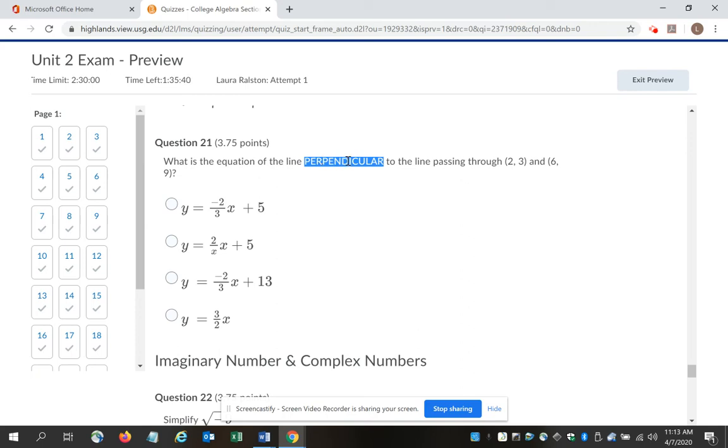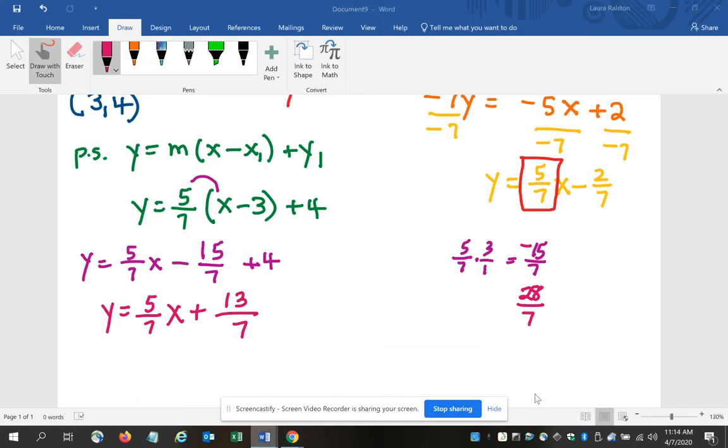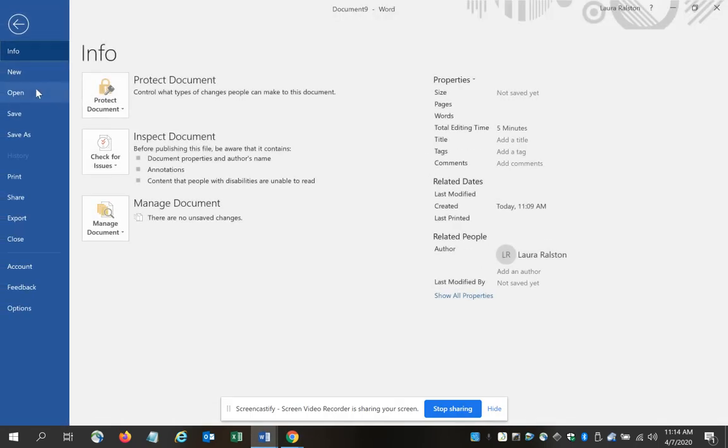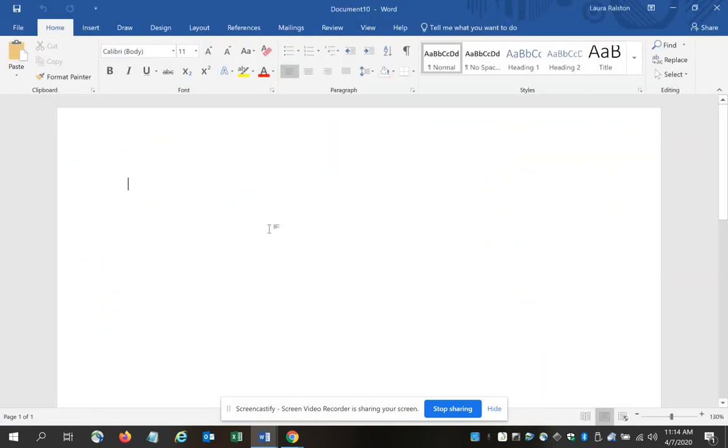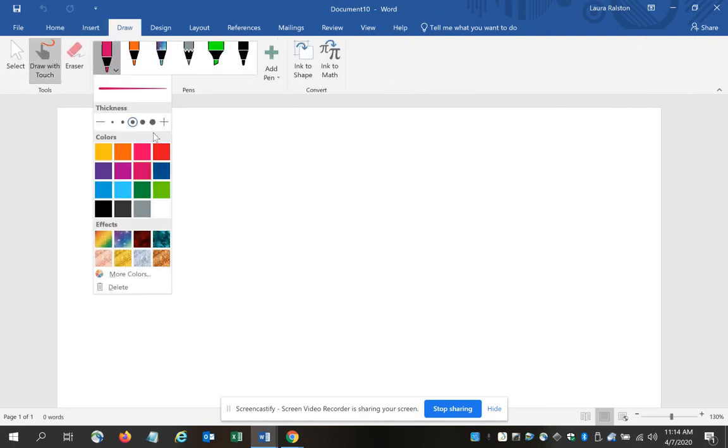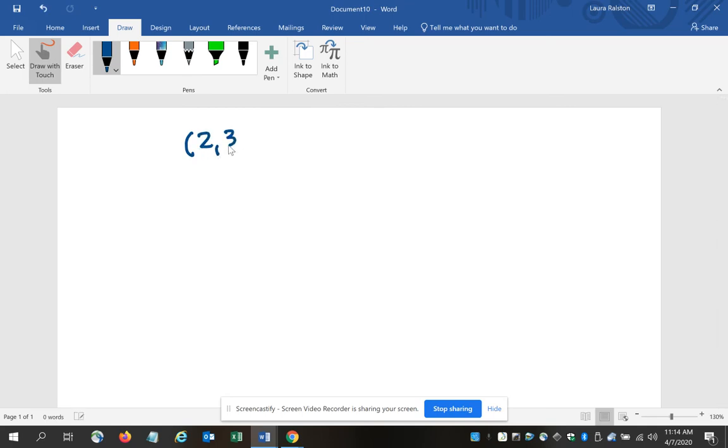And you wanted it to pass through (2, 3) and (6, 9). So again, when you're thinking about this, you're given 2 points, (2, 3) and (6, 9).